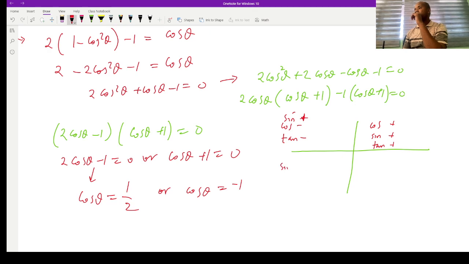The third one, sine negative, cosine is negative, while tan is positive, of course. The fourth quadrant, we are going this way, of course. So here sine is negative, cosine is positive, while tangent is negative.